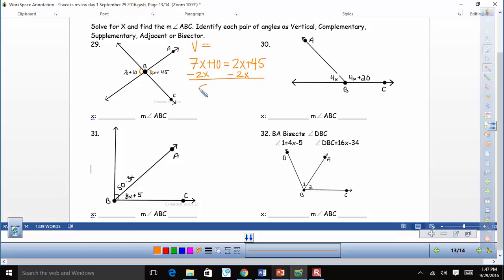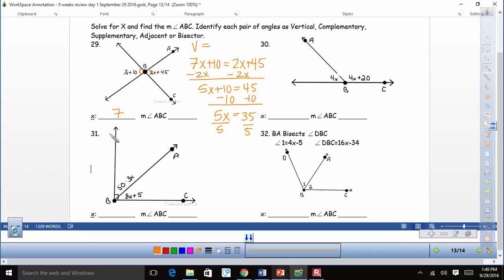That would give us 5x plus 10 equals 45. And then we would want to move this 10 to the other side. That would give us 5x equals 35. And finally, we would divide by 5, and what would x equal? 7.